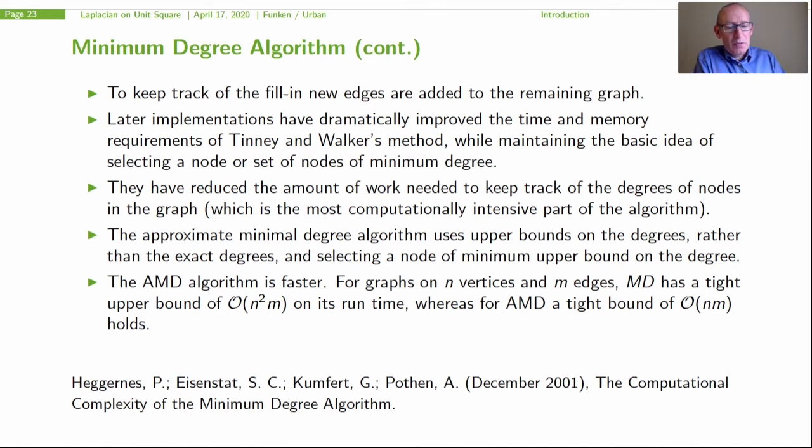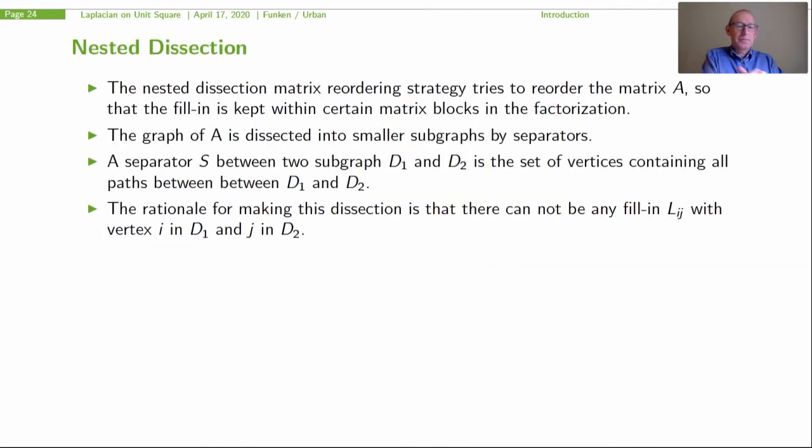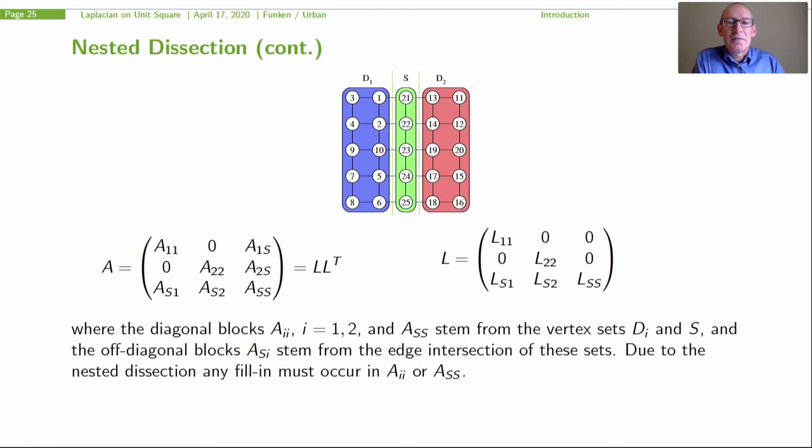Okay, besides the Cuthill-McKee and the AMD algorithm, there also exists a nested dissection method. So you have the set of all your vertices and your edges, and you just dissect this graph, so that you will end up on the left-hand side with a set D1 and with a set D2 and a separator, so that there's no direct connection from the set D1 to the set D2, always something in between.